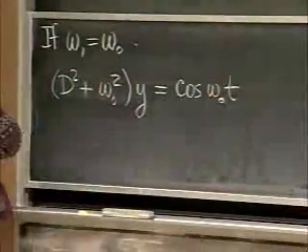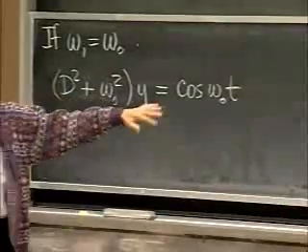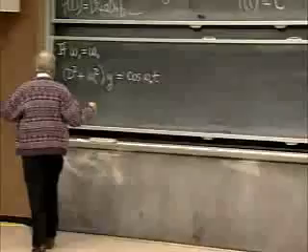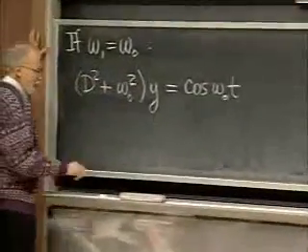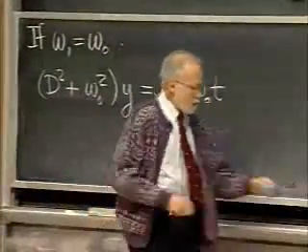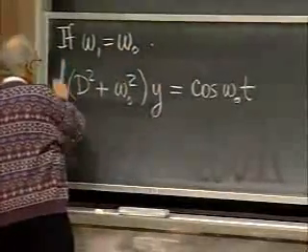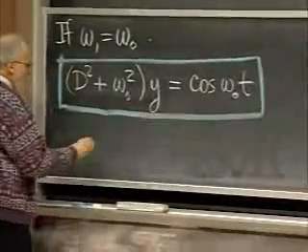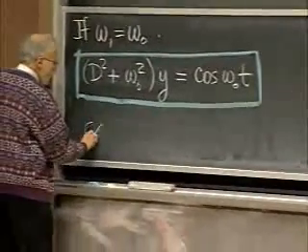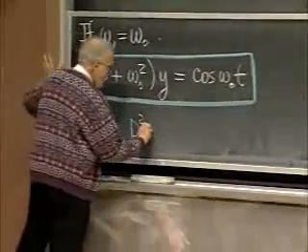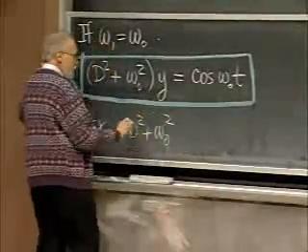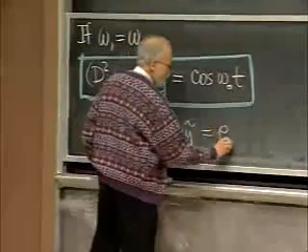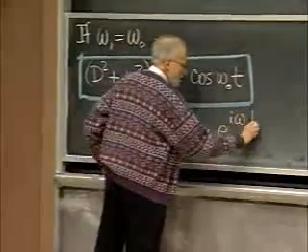Let's be careful and go through the analysis again rapidly. First we complexify and then solve. The complex equation will be D squared plus omega naught squared applied to y tilde equals e to the i omega naught t this time.